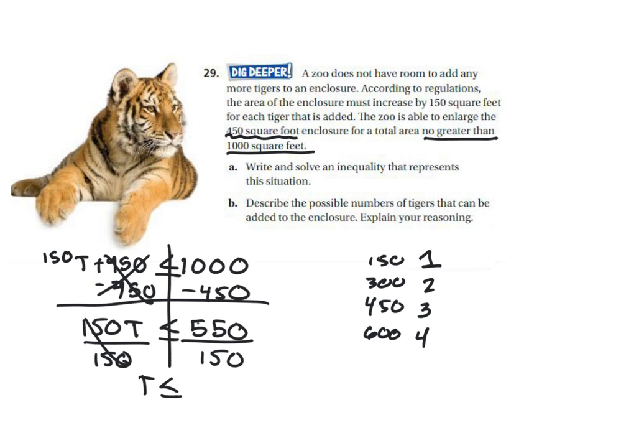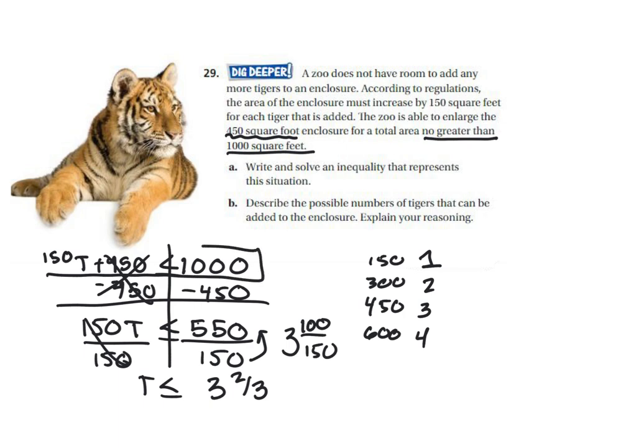Because if we turn this into a mixed number, we get 3 and 100/150ths, which is 3 and 2/3. Well, you can't exactly have 2/3 of a tiger.